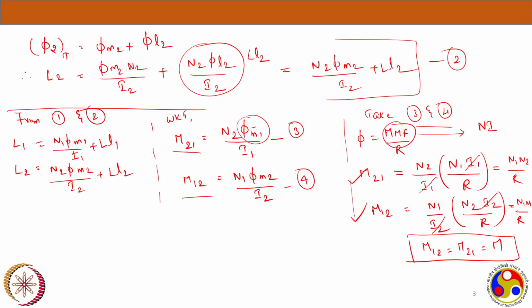Now, from where we started our discussion: we started this discussion on whether we can arrive at the equivalent circuit of a transformer using the basic concepts of electrical engineering. So we started with inductances, basically what an inductance is and what the formula of inductance is.